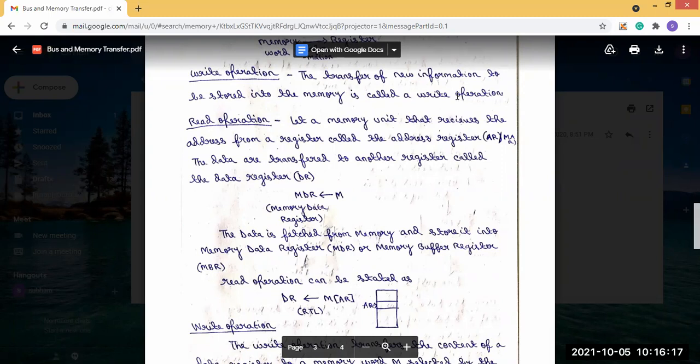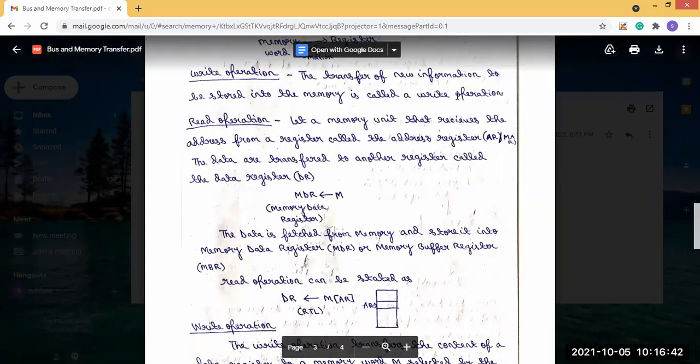Now, this memory unit receives the address from the register, and this register we call the address register. This is a special purpose register because this memory address register is capable of storing only the address.